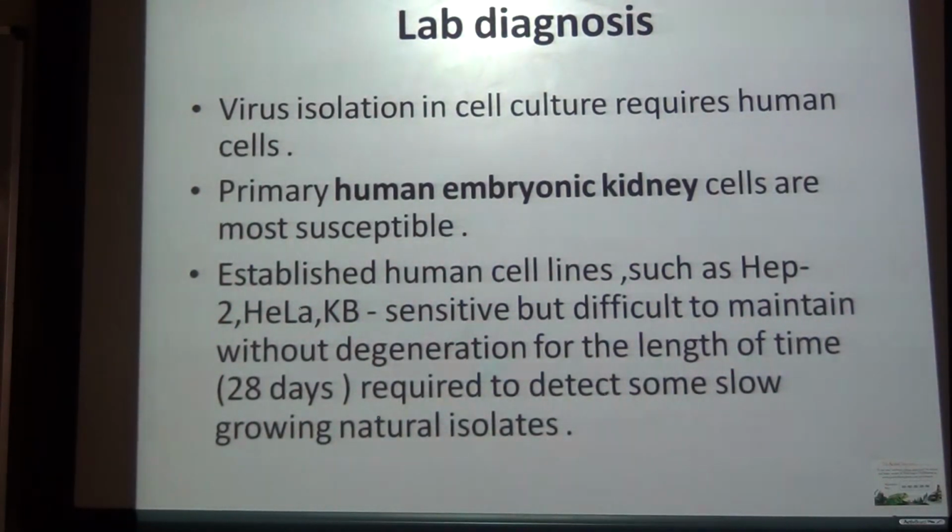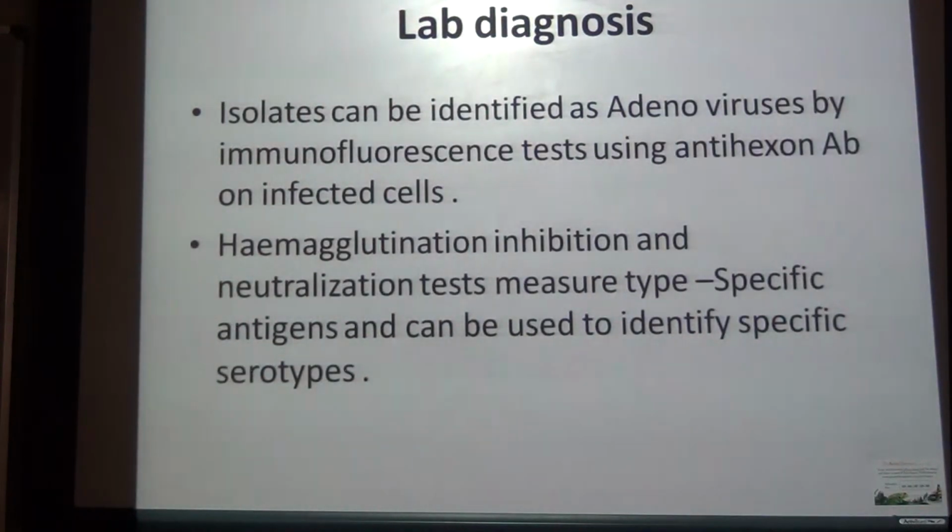These are not the method of routine diagnostic procedures. Then again, established human cell lines such as HEP2, HELA, KB are sensitive, but they are difficult to maintain without degeneration for the length of time required to detect some slow-growing natural isolates.